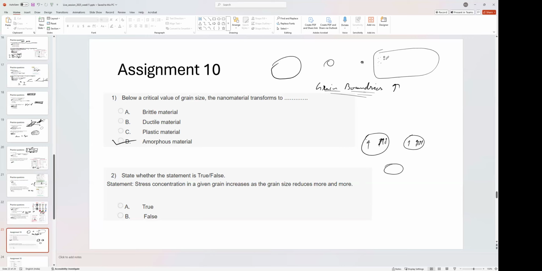However, if your particle size is very small, there's no pile-up, and the stress concentration doesn't increase further. This is true only until a certain point, so not generally.